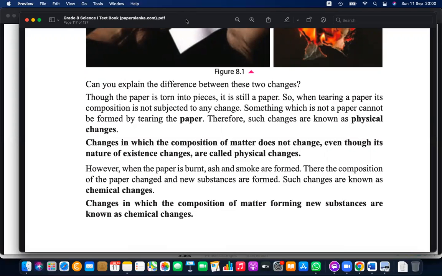Okay, can you give me a few more examples for chemical changes? A few more examples for chemical changes, please. Burning firewood. Okay, firewood. Only burning. So tell me some other things other than burning. Yeah, that is correct.